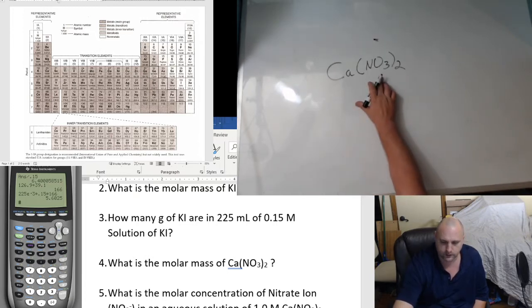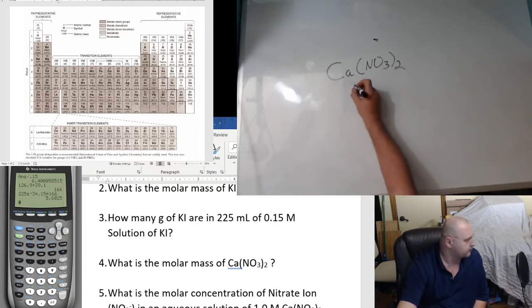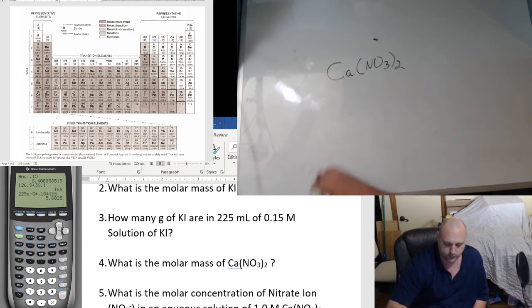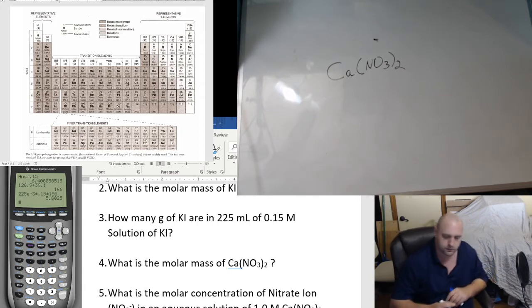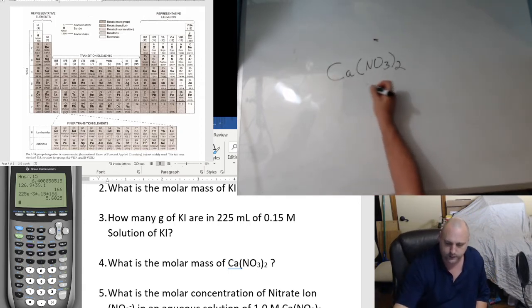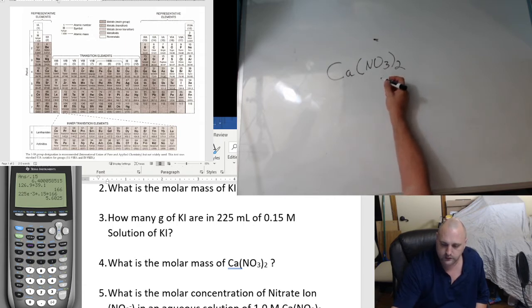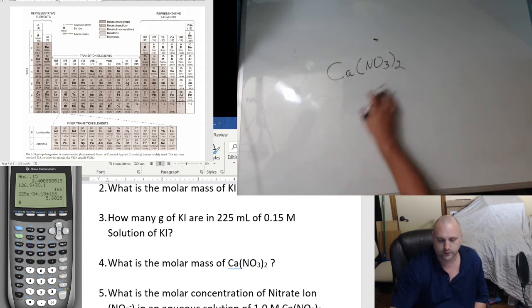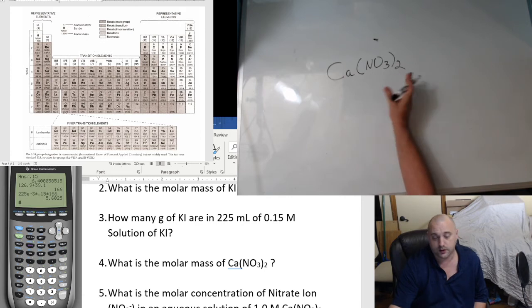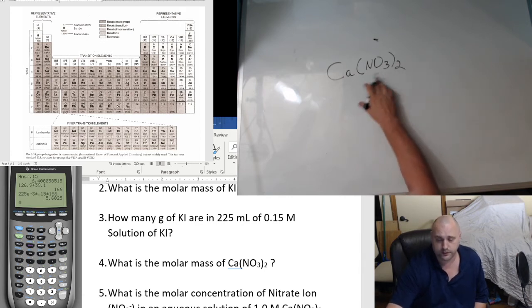So as I do this, I want the molar mass. The way the book would do it is you make a table and list how many you have of each one. That's okay, but the key to this is to remember this two distributes.